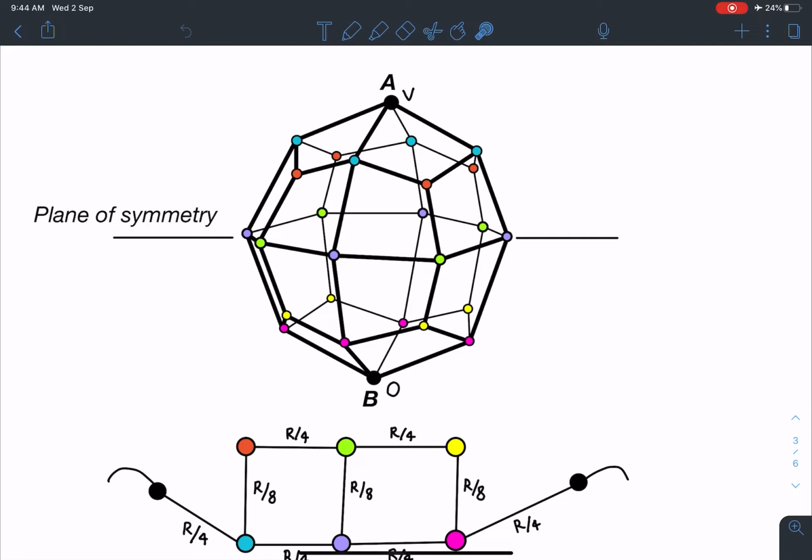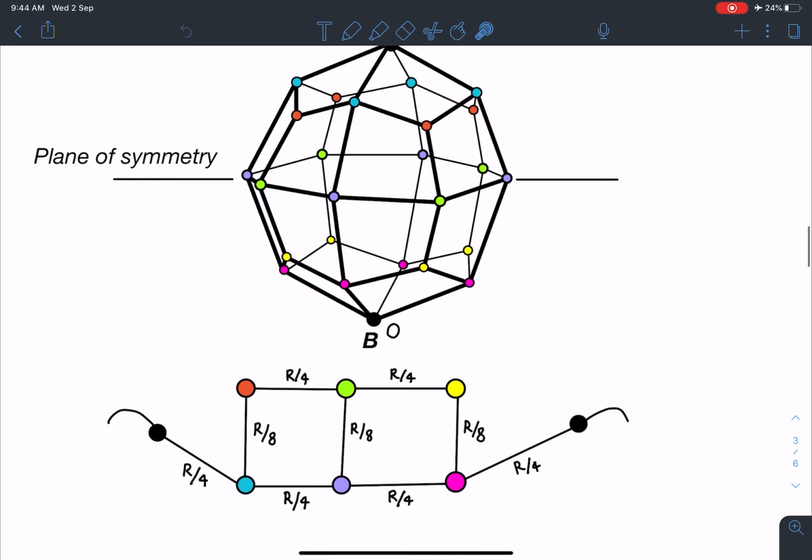All right, cyan color is here and orange is here. Nearby B, you will find yellow color and pink color. All right, then yellow is joining with that green. Yellow is joining with green, and placing a green and this light violet color here.